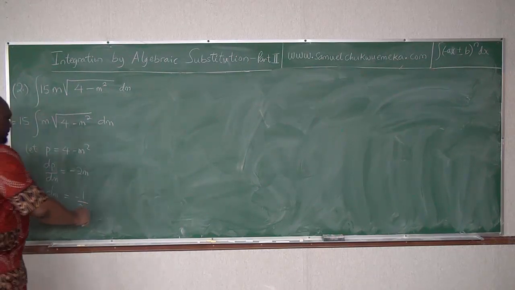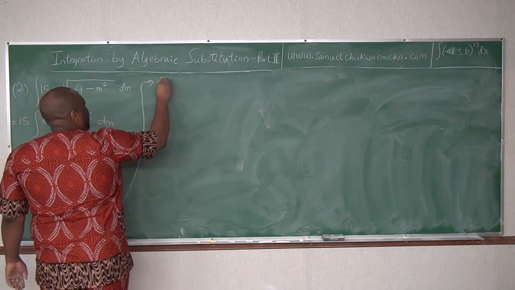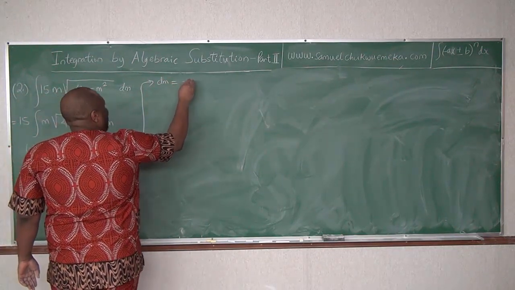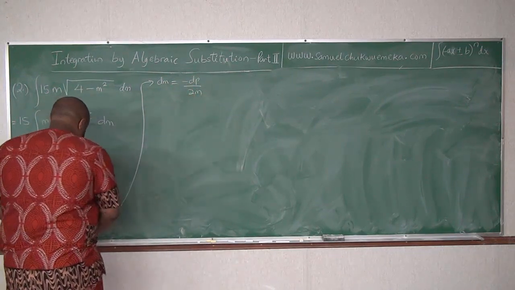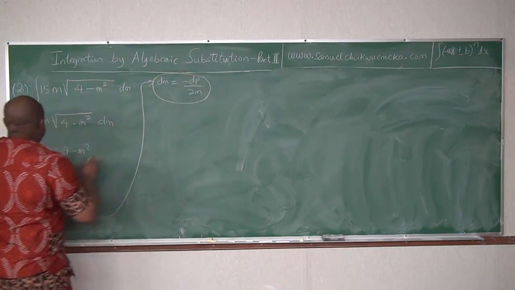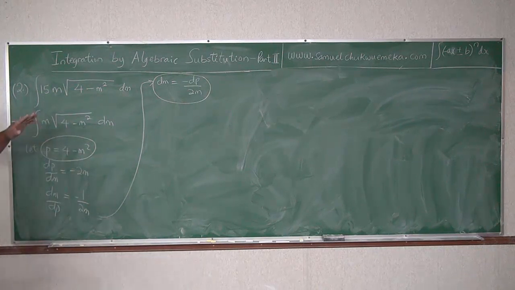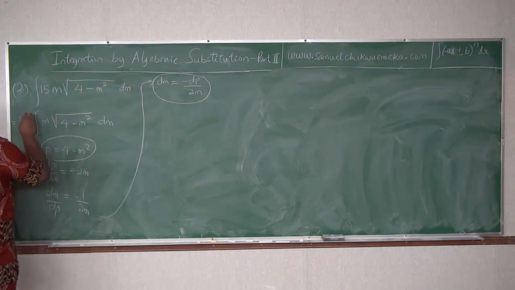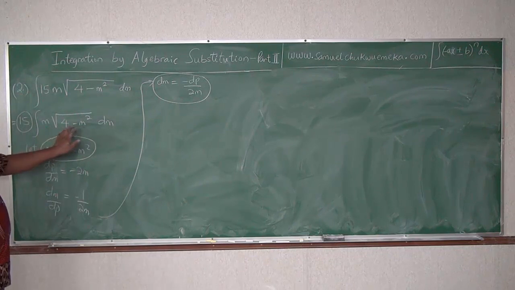So this means that dm is negative dP over 2m. I will need this. For the 15, I will still get 15, I don't want to worry about it right now. This is my concern.